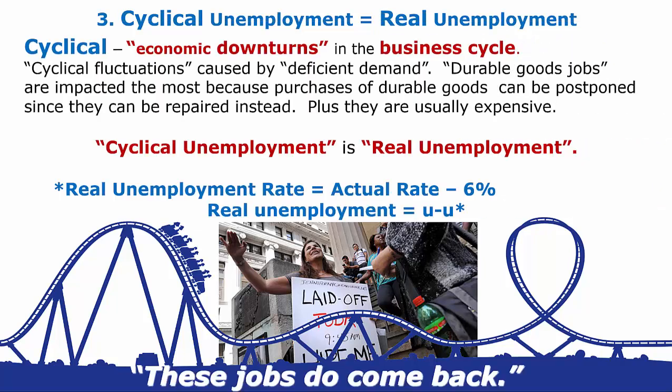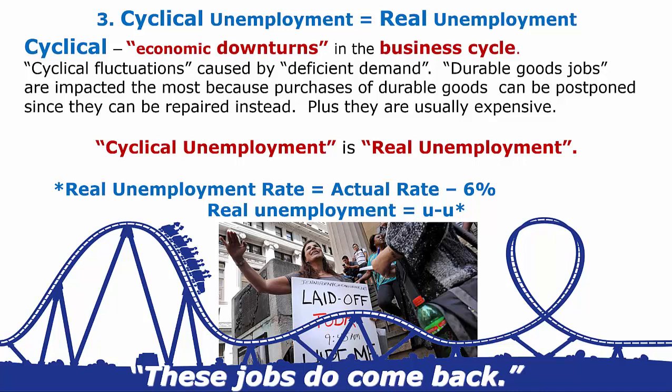So cyclical is referring to the economic downturns in the business cycle. Okay, it's caused by a lack of demand. Typically the jobs in the durable goods fields are going to be affected worse. And that's because people will postpone the purchases of those items, or they'll repair them instead of replacing them. Plus they're really expensive.